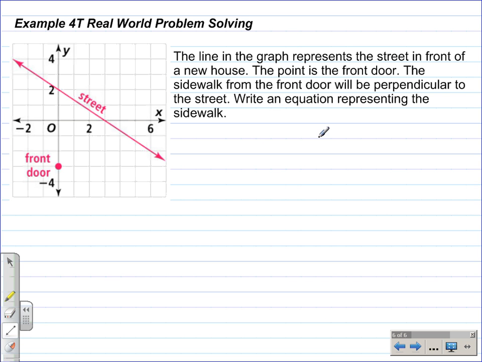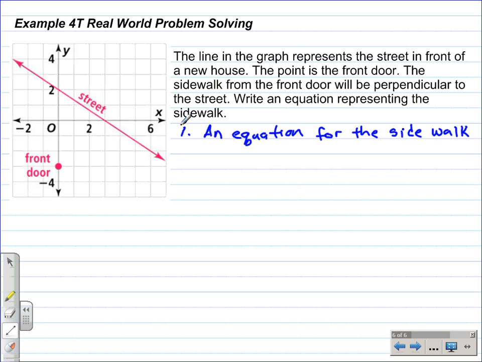So what we want to have for our final answer here is an equation representing the sidewalk. How are we going to do that?